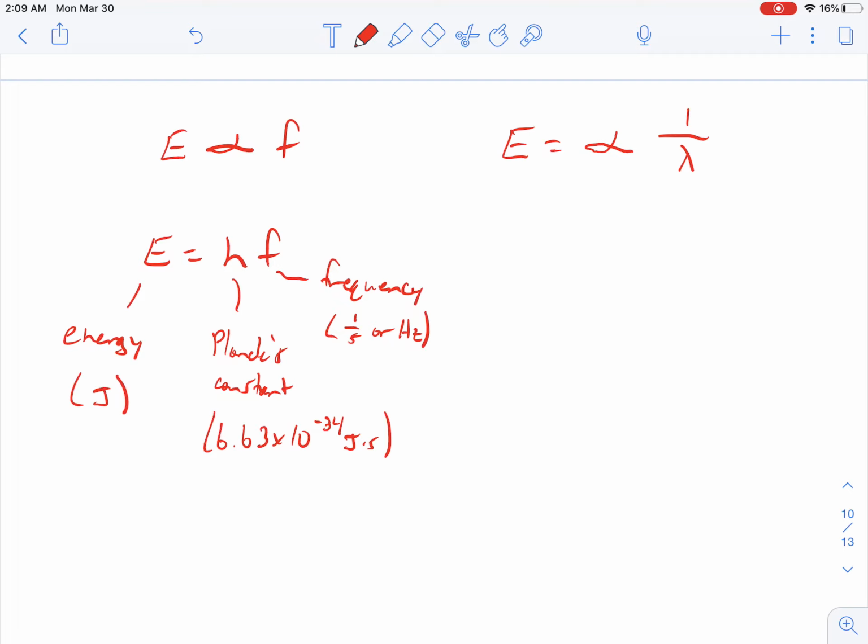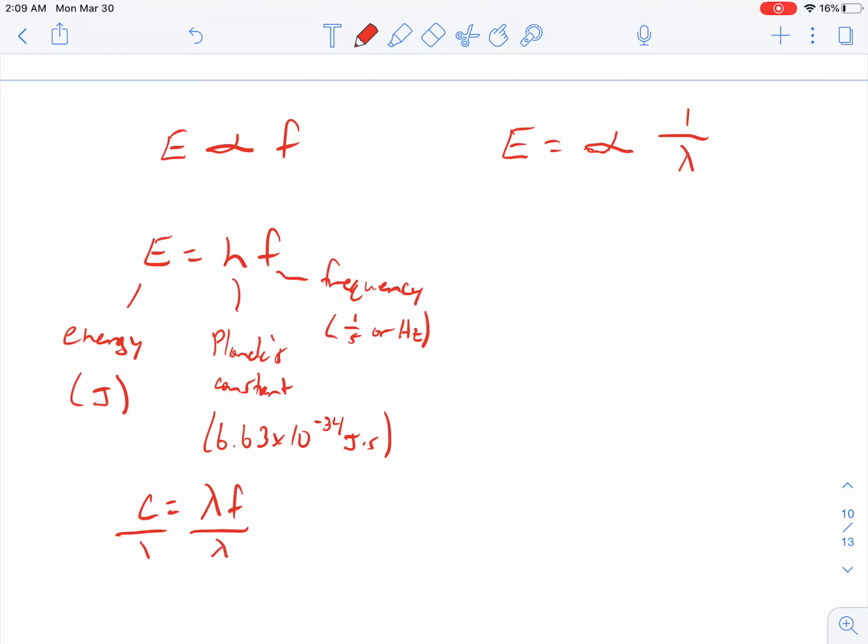We can also create an equation for energy that's going to be in terms of our wavelength. So if we go back to that equation for the speed of light we saw earlier, that c is equal to lambda f, we can solve this equation for f.